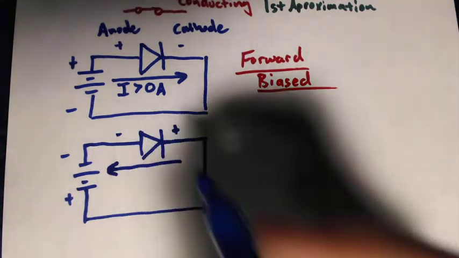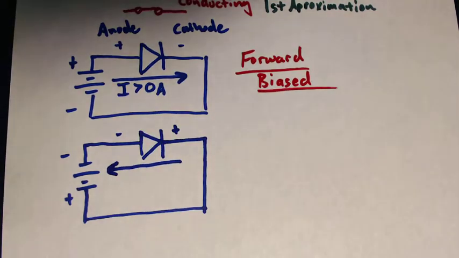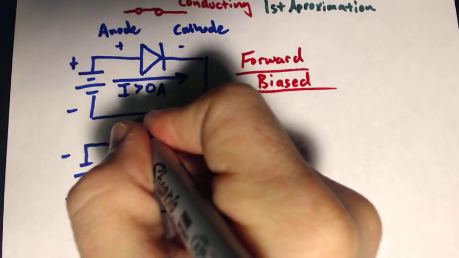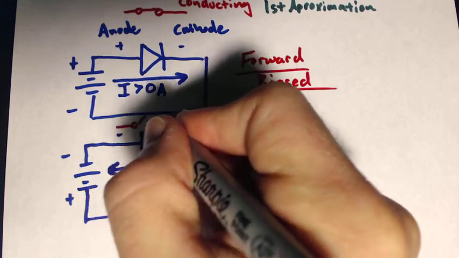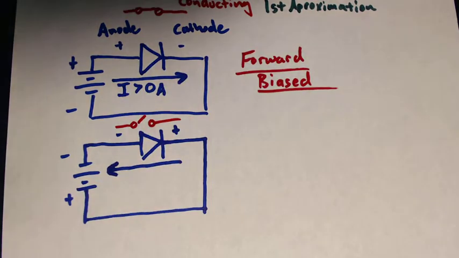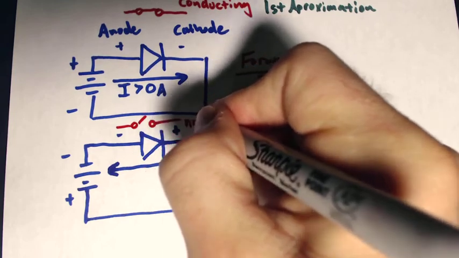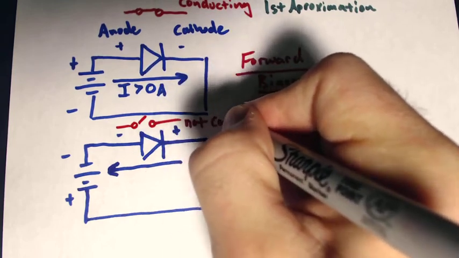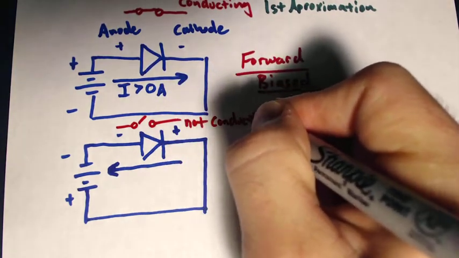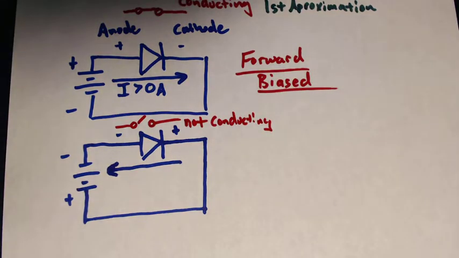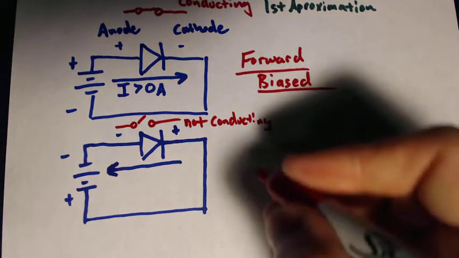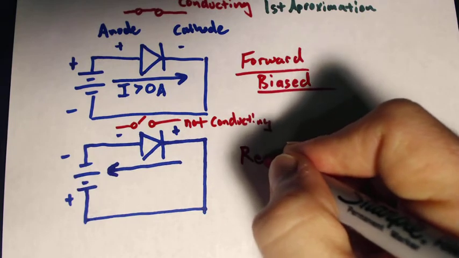Now, what that means is this diode is now not going to be conducting. So in other words, this diode is going to behave like an open switch, not conducting. If this is true, we call this reverse biased.